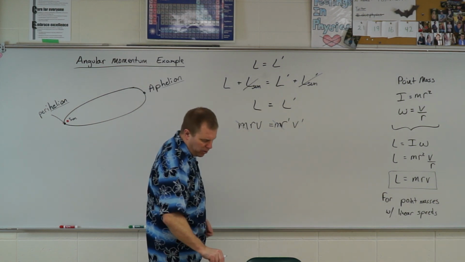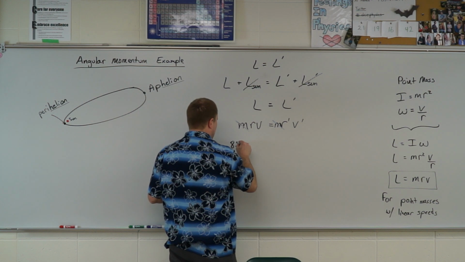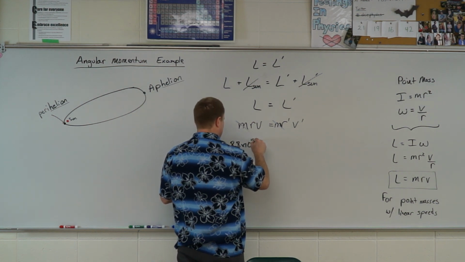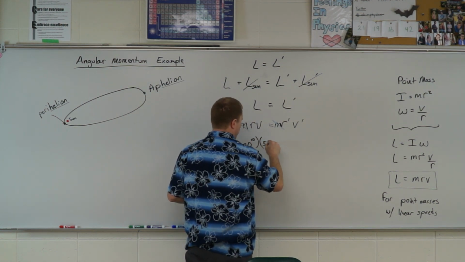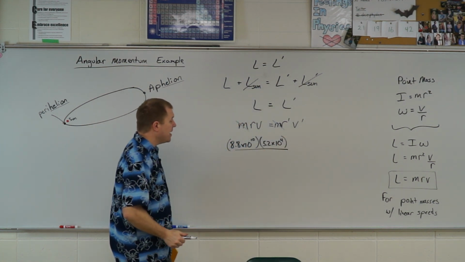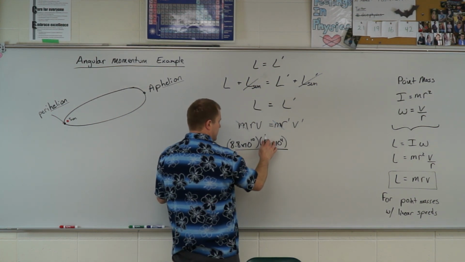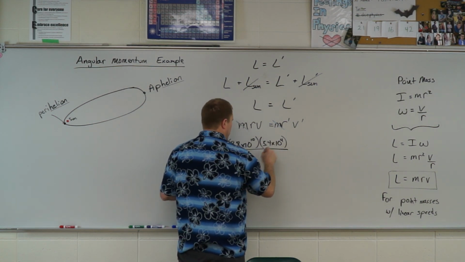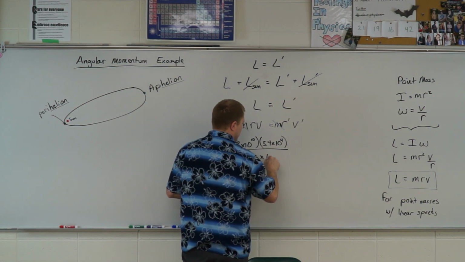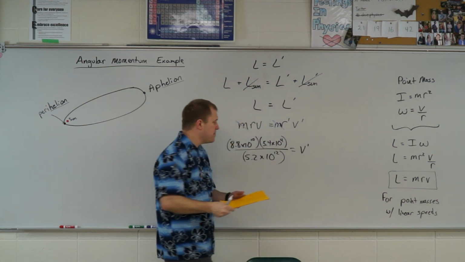So let's go ahead and pull those numbers back up. We had 8.8 times 10 to the 10th times 5.4 times 10 to the 4th, all divided by that far out radius, which was 5.2 times 10 to the 12th, to find the speed out there.